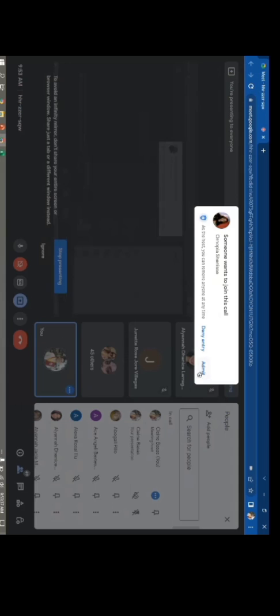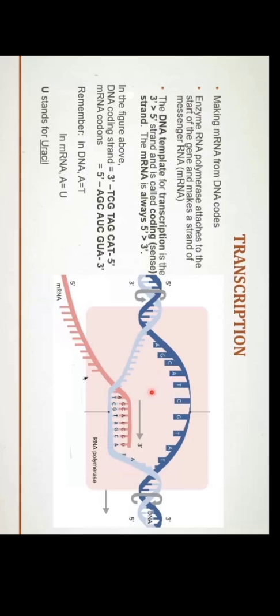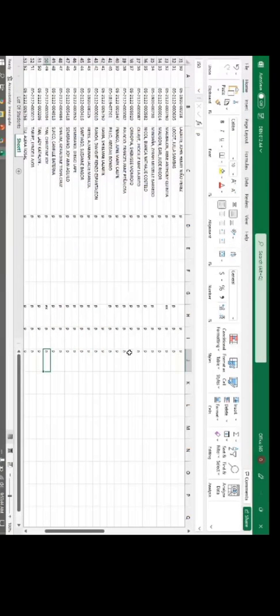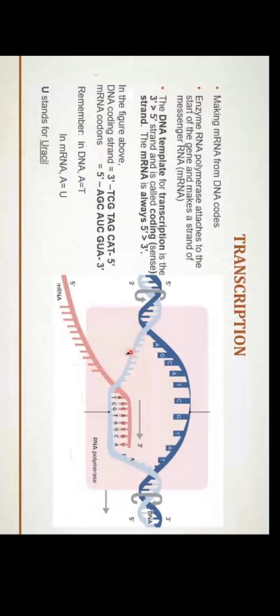So here, the pink color around the start of the gene is your RNA polymerase. So it attaches to the gene, and then the RNA polymerase enzyme will create messenger RNA, the messenger RNA created by the RNA polymerase. Okay.